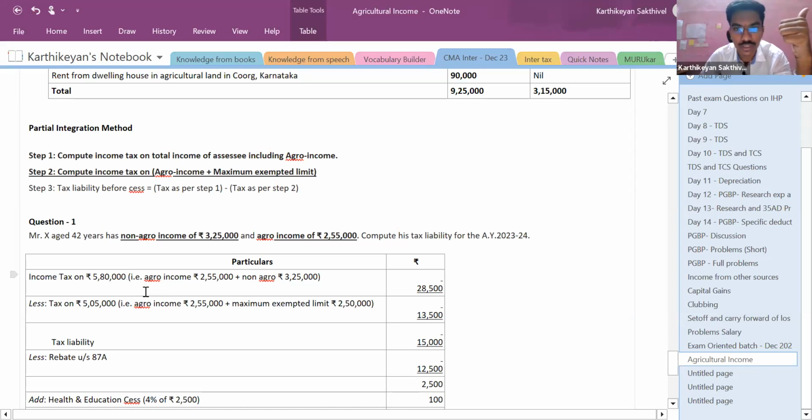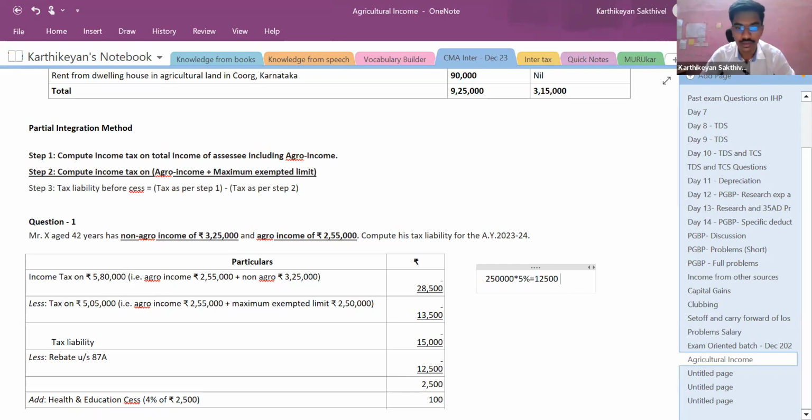So what will be my tax on 5,80,000? For 2.5 to 5 lakhs my tax rate is 5%. So on 2,50,000 at 5%, it comes to 12,500. Next, 80,000: 0 to 2.5 is exempt, 2.5 to 5 is already done. So only for 5 to 5.8, that is 80,000, we have to compute the tax at 20%.